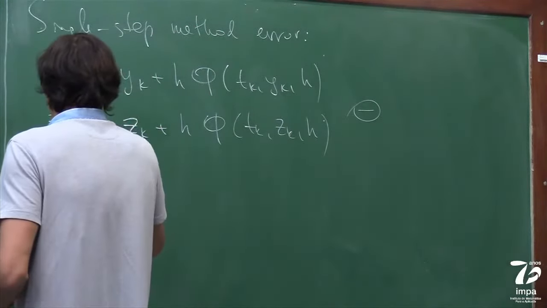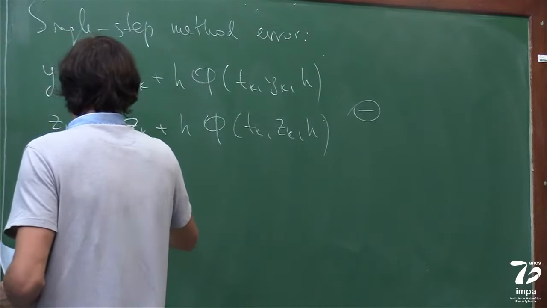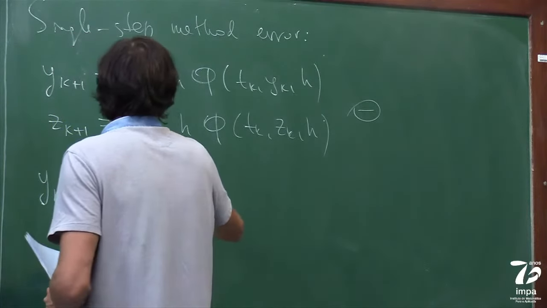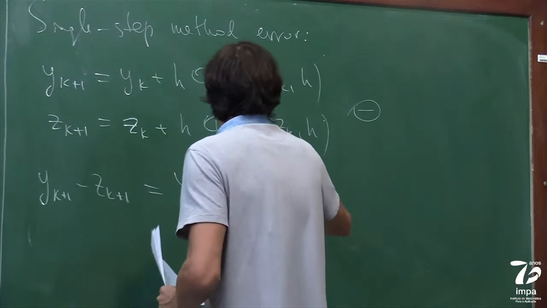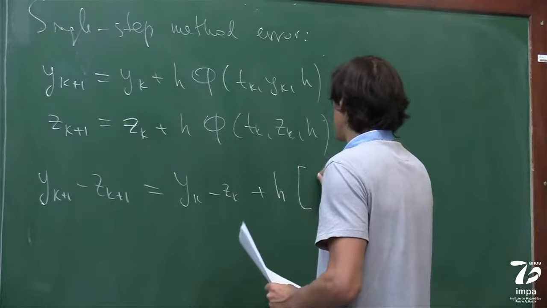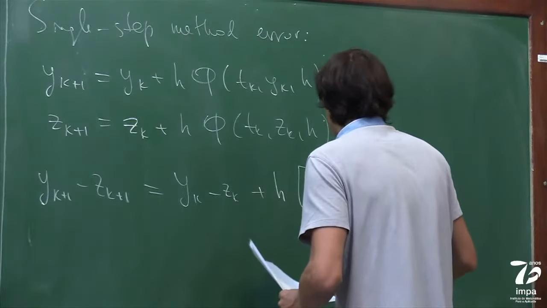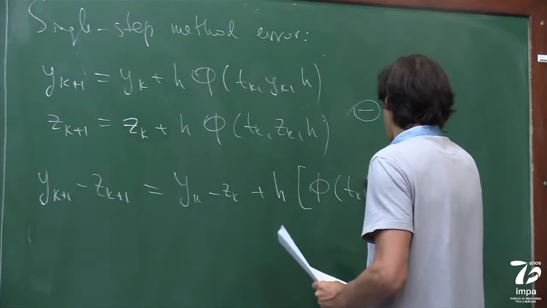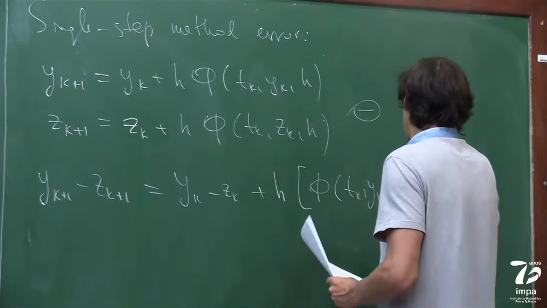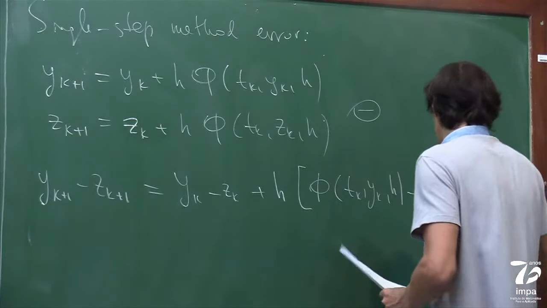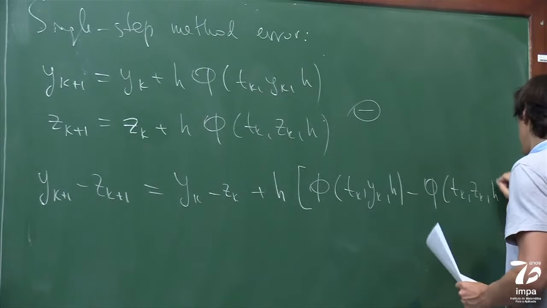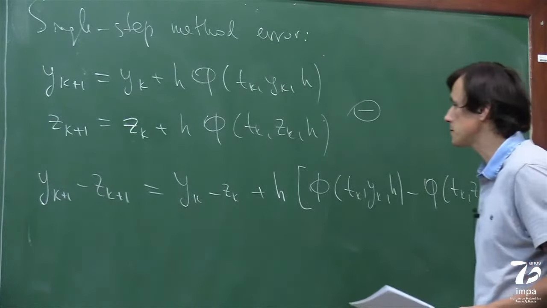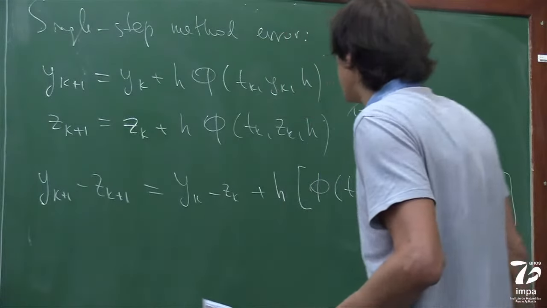So we have y_{k+1} minus z_{k+1}, y_k, h, phi, like this. And now take a norm.